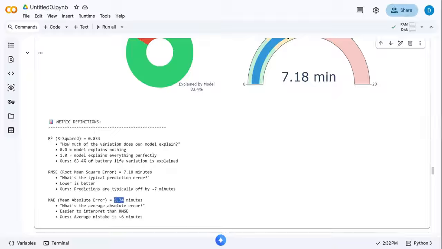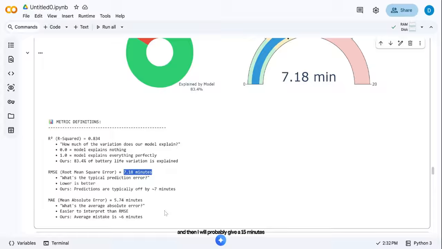If all the numbers are entered, there's a little bit of room of 7.18 minutes root mean square error, but for mean absolute error, you definitely do not want to miscalculate by 5.74 minutes, because it means you will lose your drone in the middle of the mountain somewhere. So in the real world, I would give a lot more buffer.